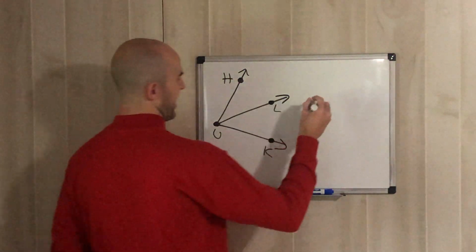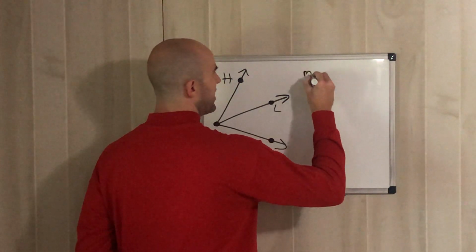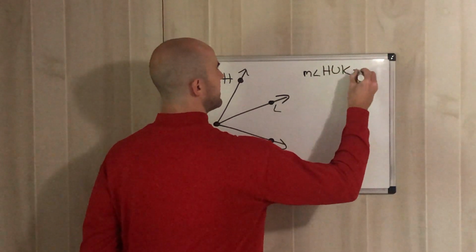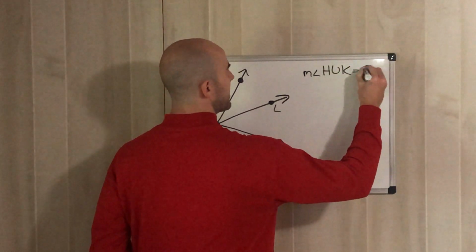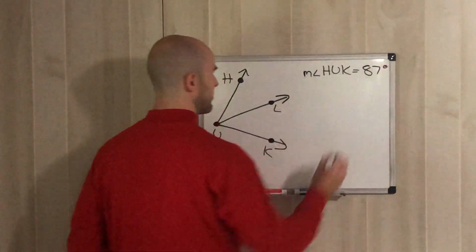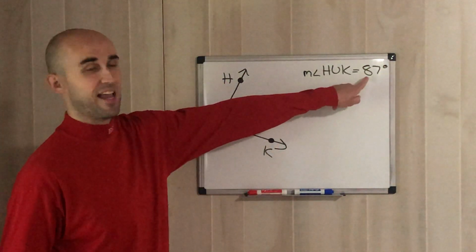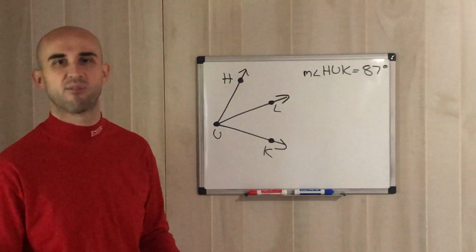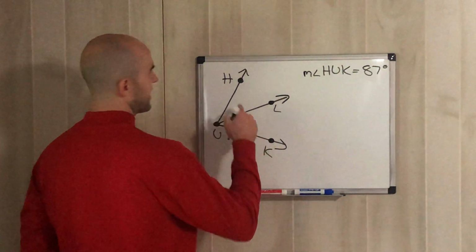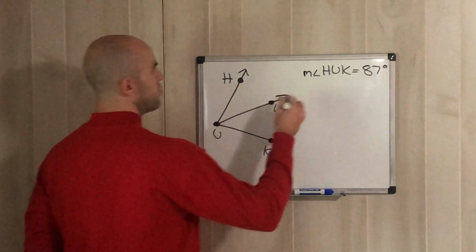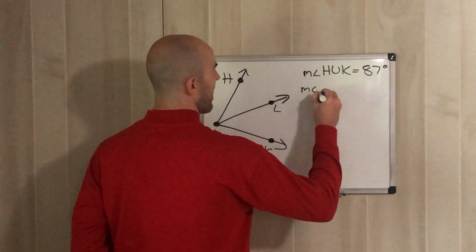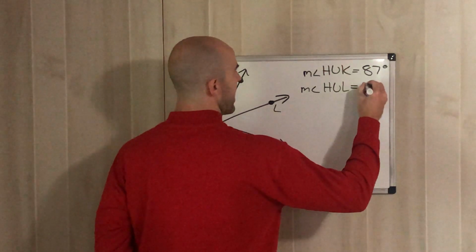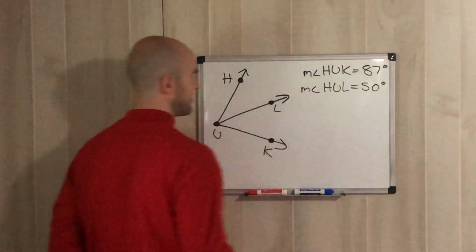I'm going to tell you that the measure of angle HUK is equal to, let's say, 87 degrees, right? And since it's 87 degrees, it's an acute angle because it's less than 90 and greater than 0, right? Now I'm going to tell you that the measure of angle HUL is going to end up being 50 degrees, right?